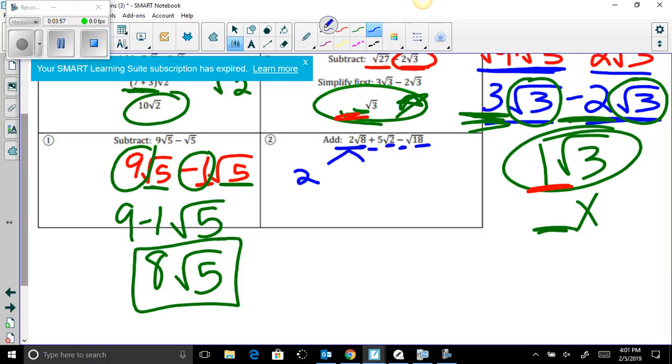Leave the 2. Radical 8 is not a perfect square, but what 2 numbers multiply to give me 8? One of them being a perfect square. Very good, radical 4 and radical 2. Leave the 2 that was out front. What's the square root of 4? It's 2. The square root of 2, can I find it? No, so leave it. So this whole first part gives me 4 radical 2.